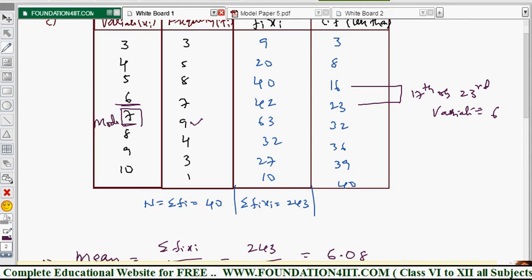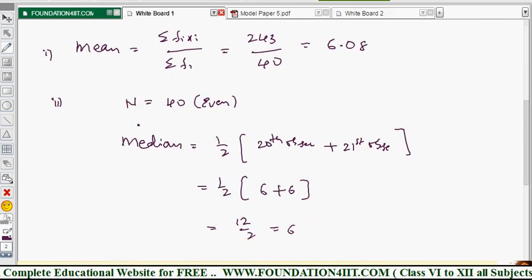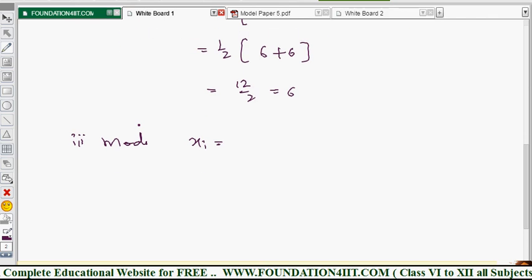From xi we should take the one which is repeated the maximum number of times. That is xi is equal to 7, which occurs the maximum number of times, because 9 times, the frequency is 9, that is the highest. So therefore the mode is equal to 7.